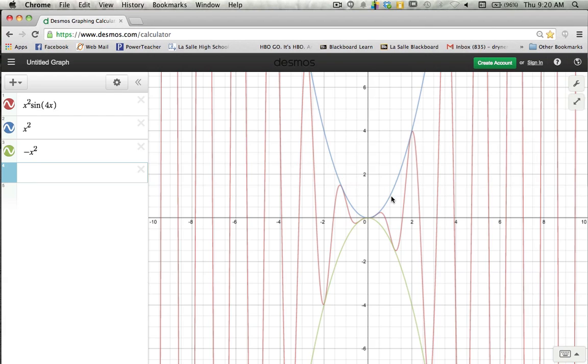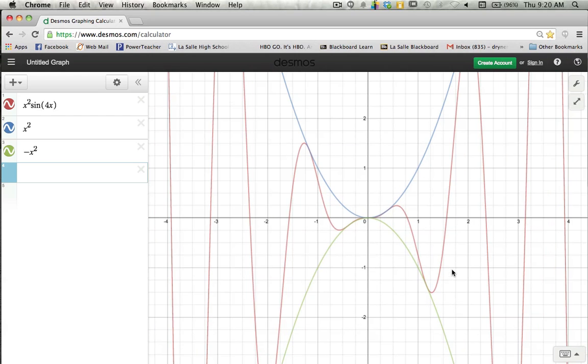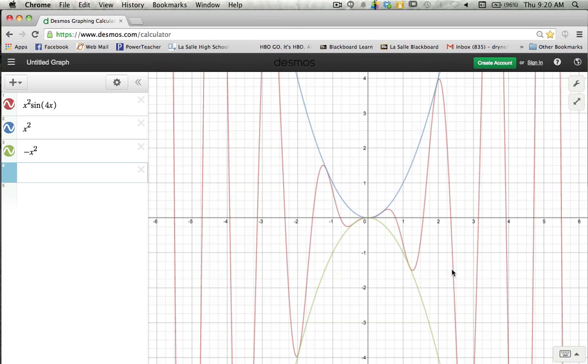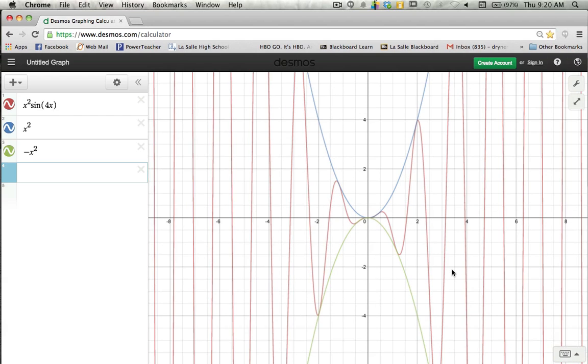And here in blue, I've got the graph of x squared, and in the bottom, in green, I've got the opposite of x squared. And you can see how the damped function has a relationship there to that. Okay, so what we want to take a look at is how do we go about doing this and making it work out for us. Okay, so first I wanted to give you a look at it.